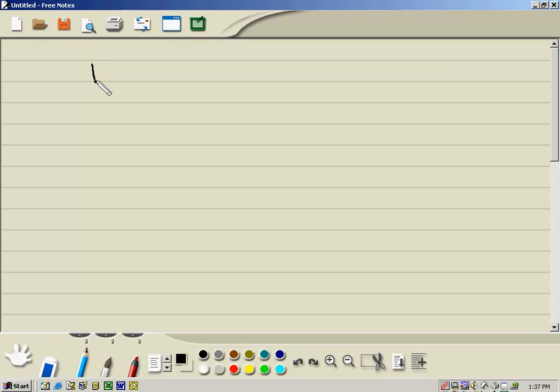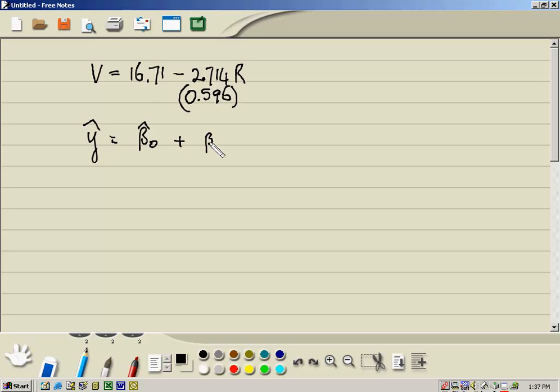So let's write that down. We have that V is equal to 16.71 minus 2.714 times R, and below that we're given the standard error. This is a typical way of writing down the standard error if it's given to us, 0.596. Remember that in general y hat is equal to beta hat 0 plus beta hat 1 times x.